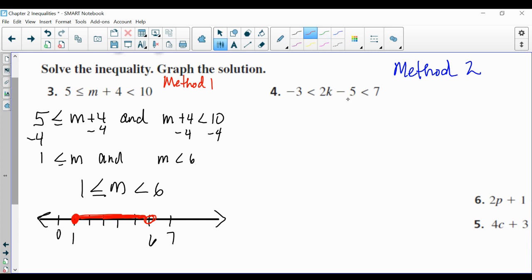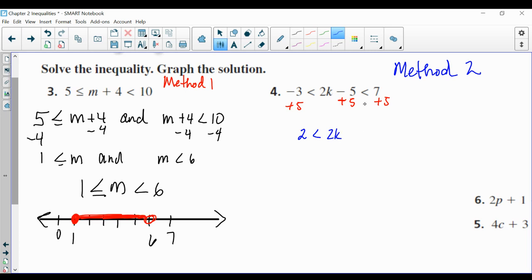So I know when I'm solving equations, I always do addition and subtraction first. So I'm going to add 5 to all parts of that inequality. So the signs are opposite, so therefore I'm going to subtract. 5 minus 3 is 2, and the 5 is the larger number and it's positive.